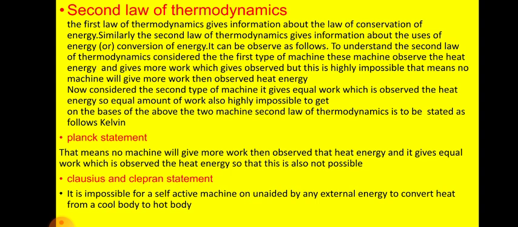On the basis of the above two machines, the second law of thermodynamics is stated as follows. The Kelvin-Planck statement: no machine will give more work than the absorbed heat energy, and it cannot give equal work to the absorbed heat energy. So this is also not possible.